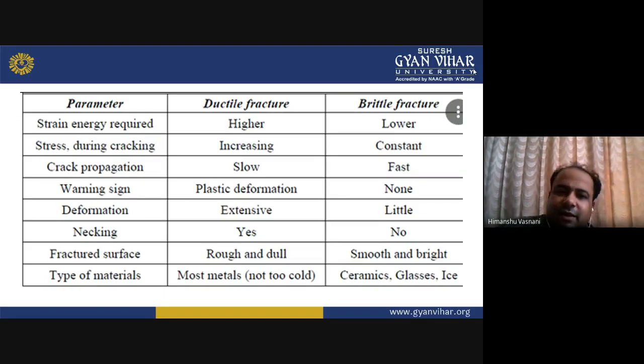Then, if you want to compare ductile and brittle fractures by parameters, you can say that the strain energy required is higher in ductile and lower in brittle. Then the stress during cracking is increasing in ductile fracture, whereas in brittle it is constant.